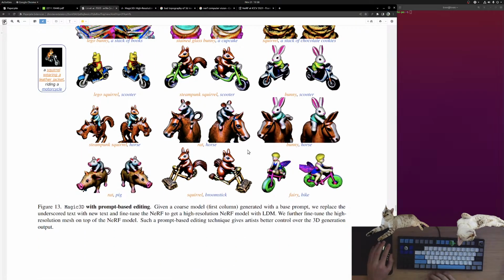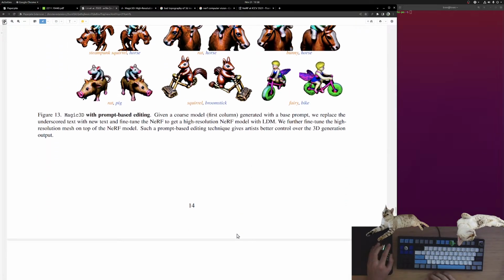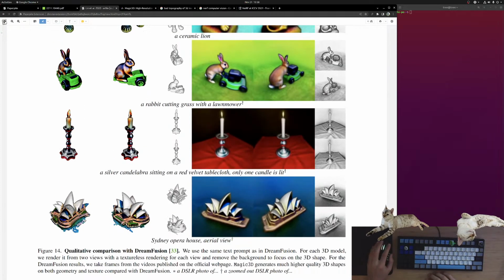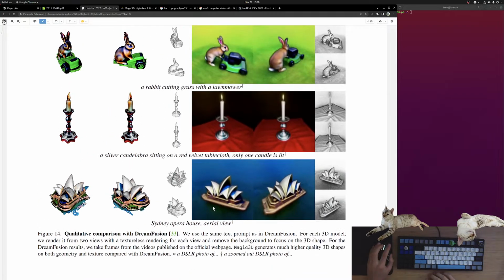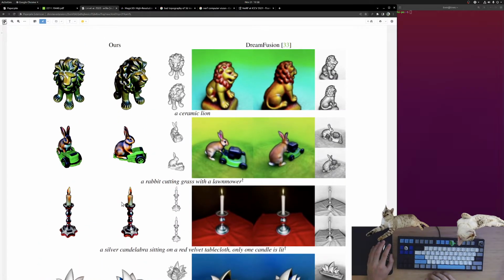Okay, we have more prompt-based editing. More results. This is interesting. This model of this lion has like 3 legs.